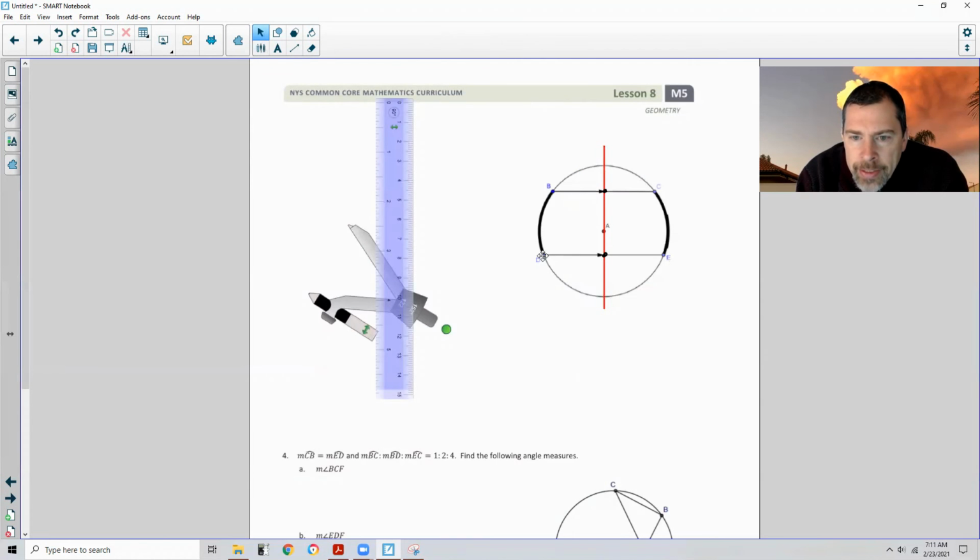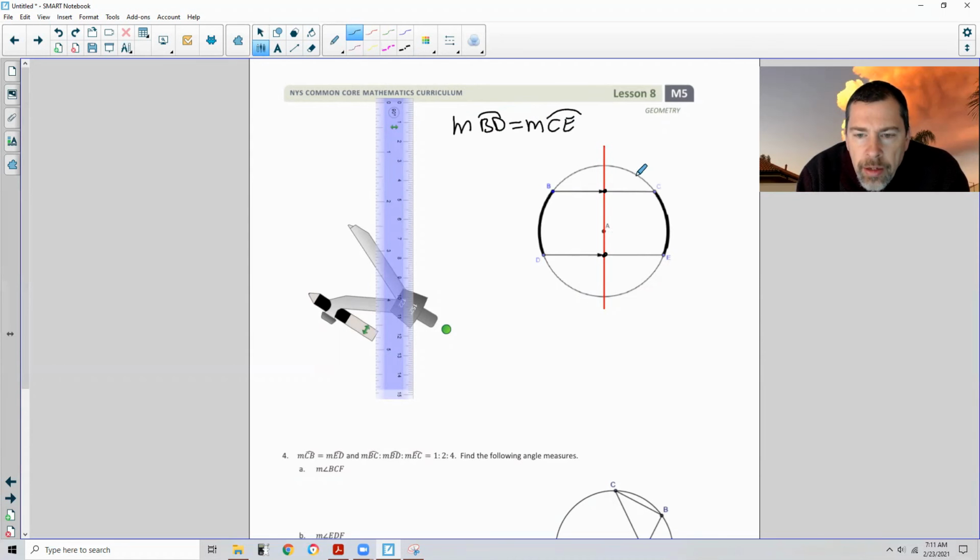E would land on D, which is a perpendicular bisector. And since C lands on B and E lands on D, we have just shown that the measure of arc BD equals the measure of arc CE.